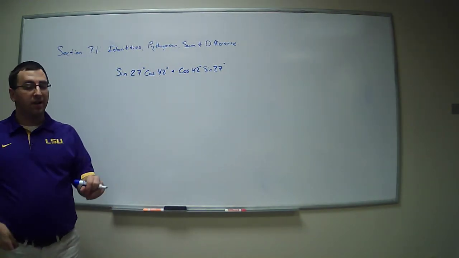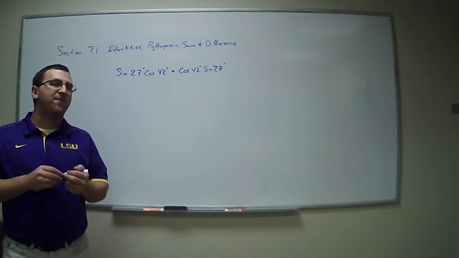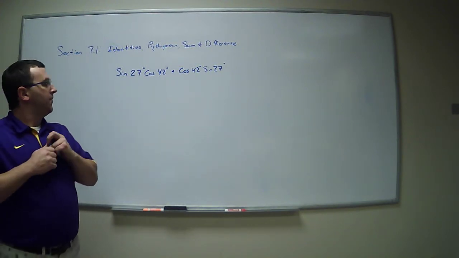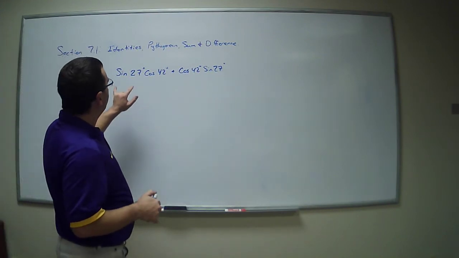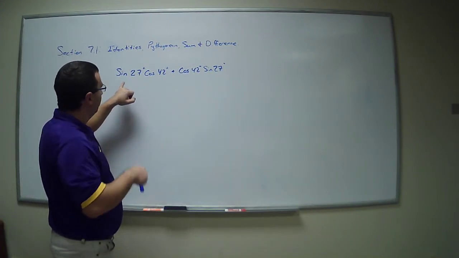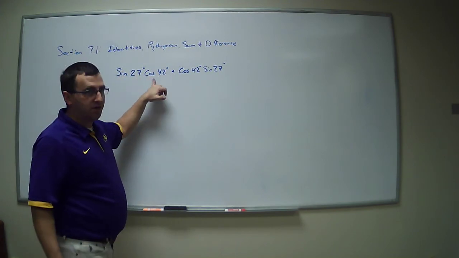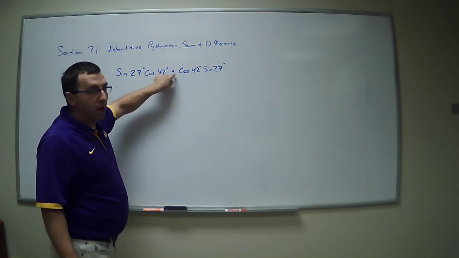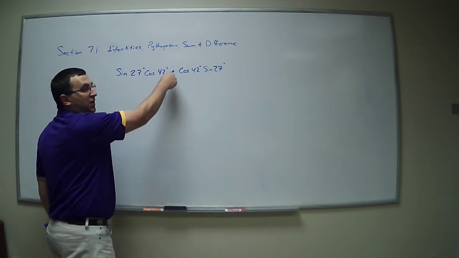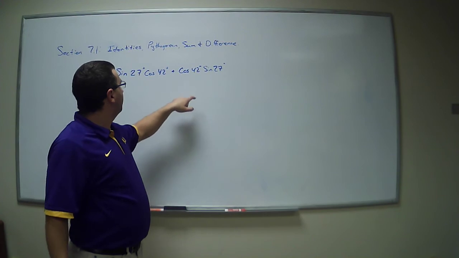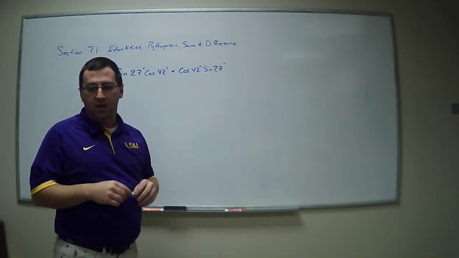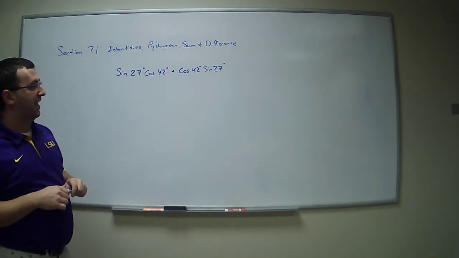Well, here you've got to figure out what formula to use. If you go back to your list of formulas, what formula matched sine of an angle times cosine plus, that's your key right here, that plus sign. Cosine of your second angle times sine of your first. Which one matched that?